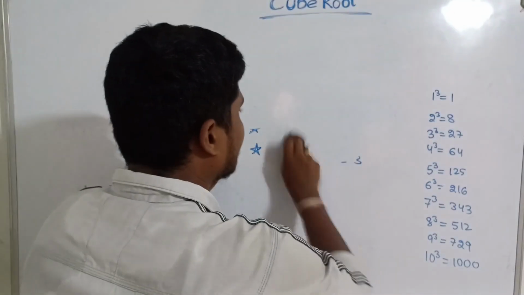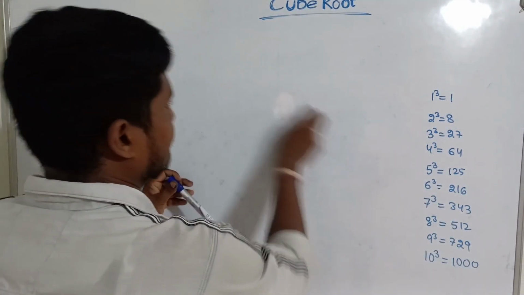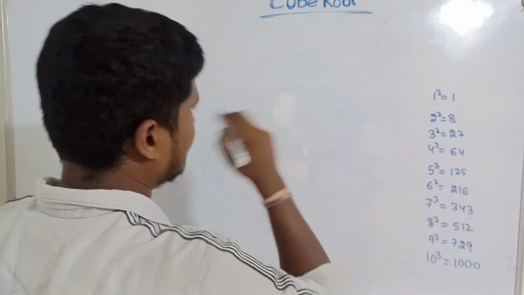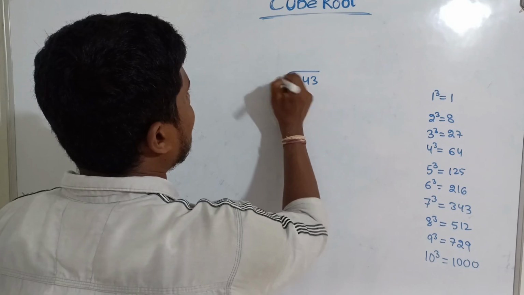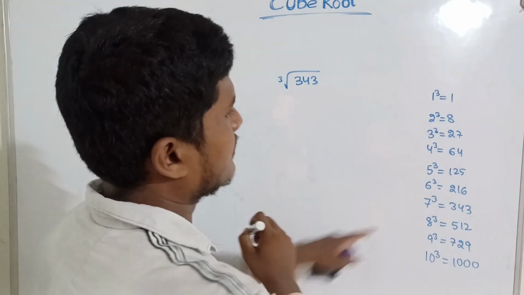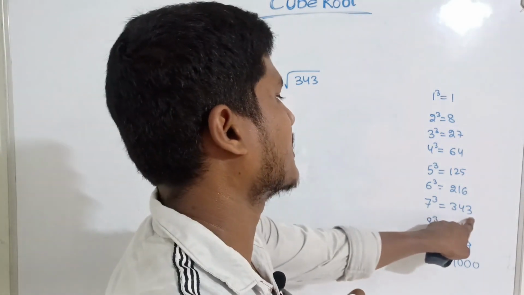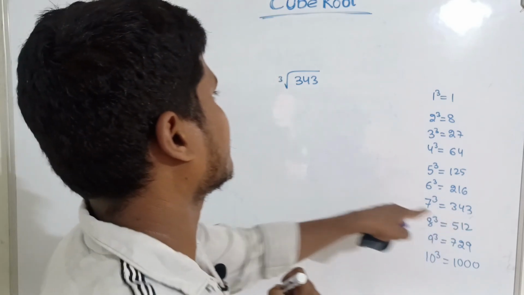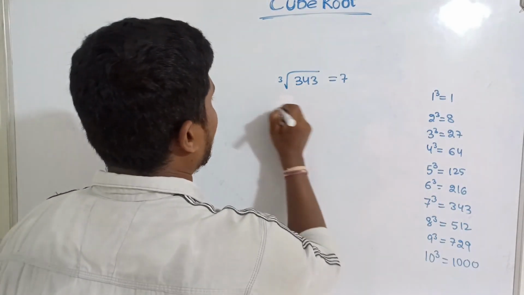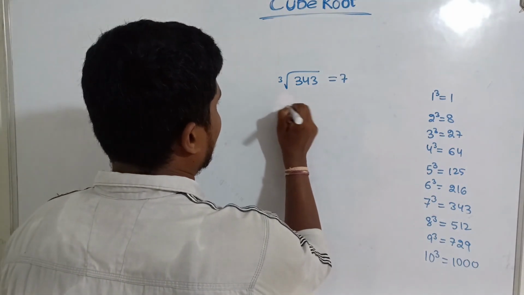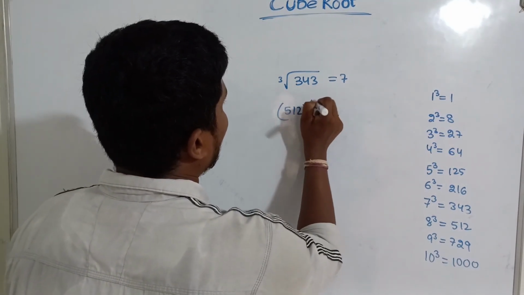Suppose I want to calculate the cube root of 343. Which number's cube is 343? The answer is 7. Suppose 512 to the power 1 by 3.